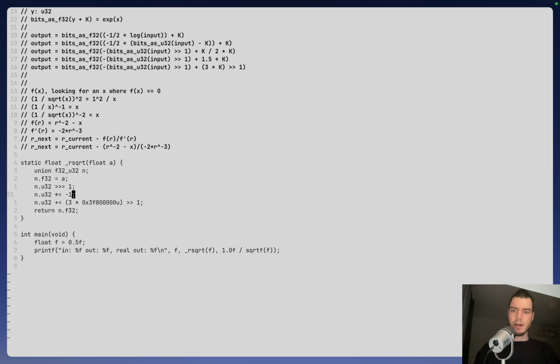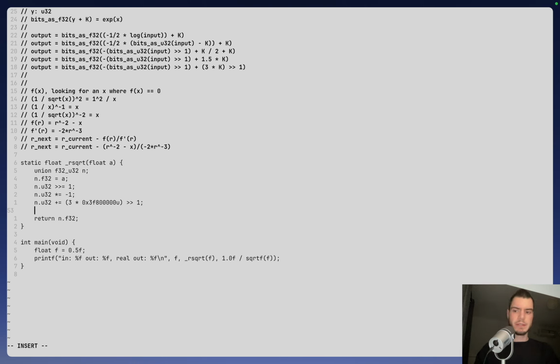And let's just try to implement it like this. The F32 member of our union n is, in this case, r. So the next r is the current value minus F32 to the power of minus 2.